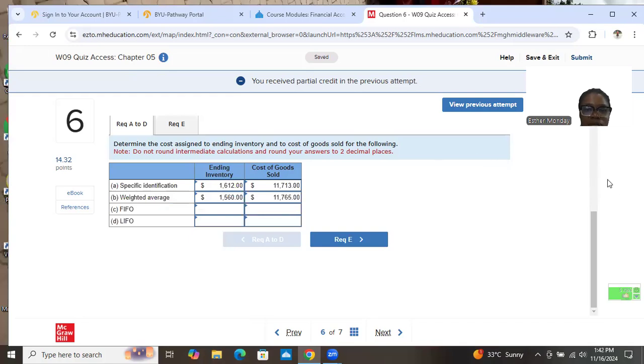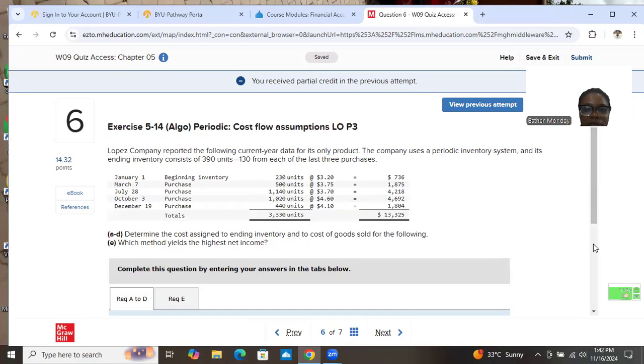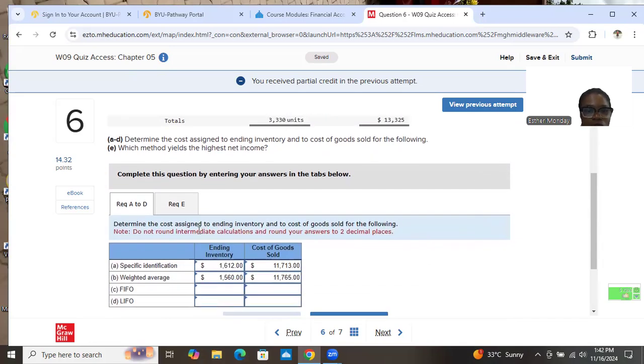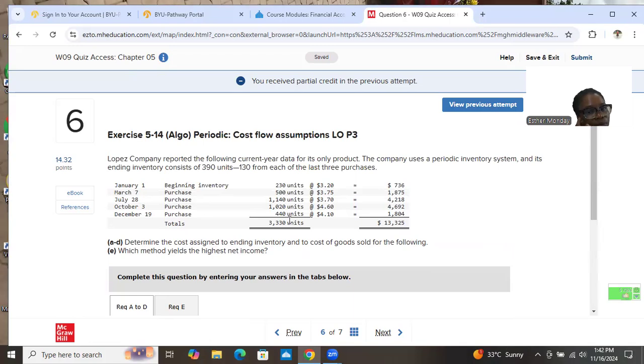So to get the weighted average, you do the same. For the weighted average, you use 13,325, which is the goods available for sale, and divide it by the unit number, which is 3,330. And then you will have $4. From the $4 that you have, you multiply it with the number of units that has been sold. That is, when you subtract from 3,330 the remaining 390 units, you have 2,940.